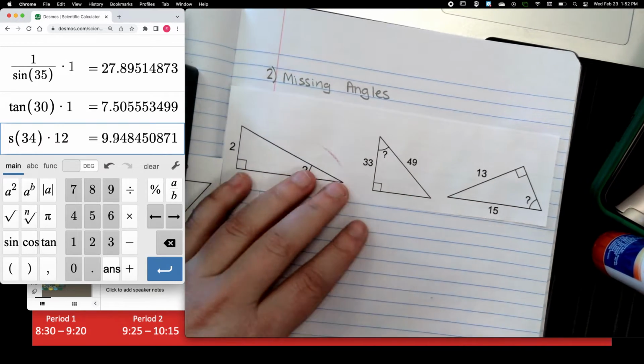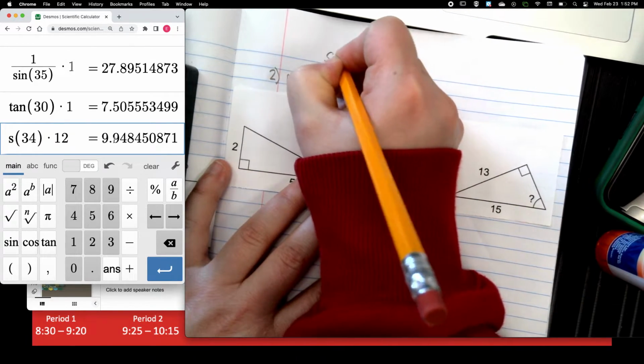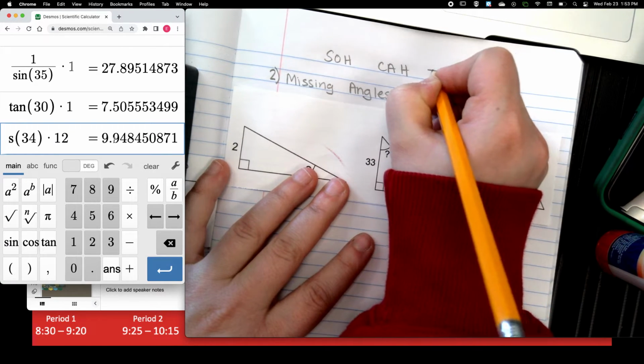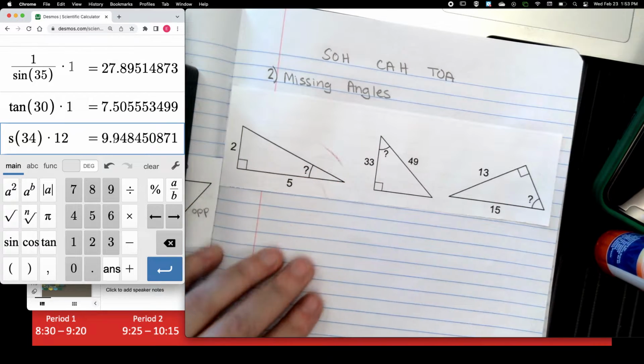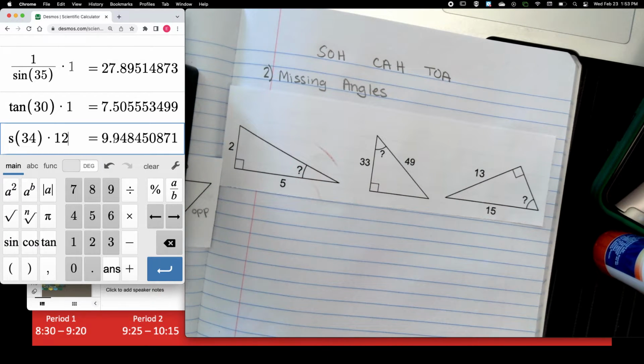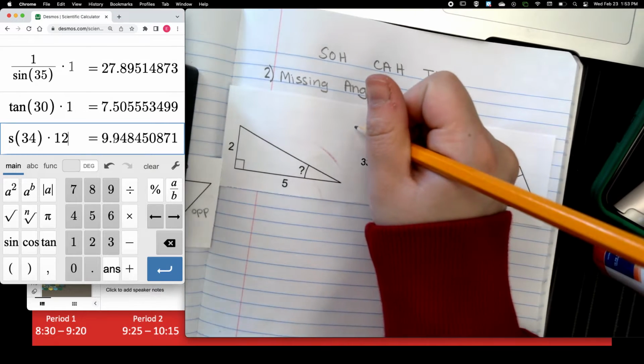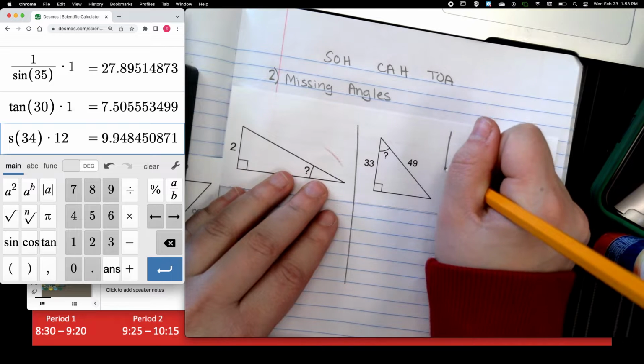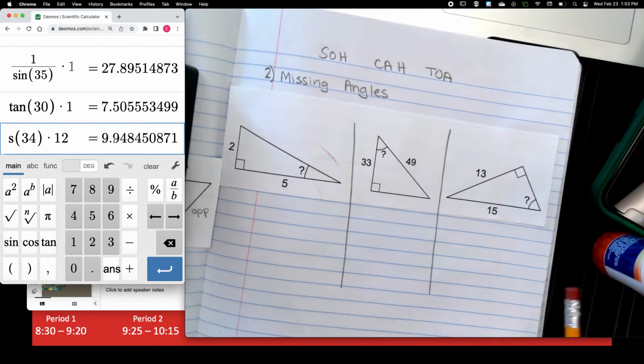I'm going to write SOHCAHTOA at the top of my page here since I started a new page. If you're on the same page, maybe don't write that again, or you could write it underneath the problems. But again, that's just our quick reference to know if we're going to use sine, cosine, or tangent. It just helps us identify without having to read all those fractions. Okay, I'll give you about 30, 45 more seconds to get ready, and then we'll get started.